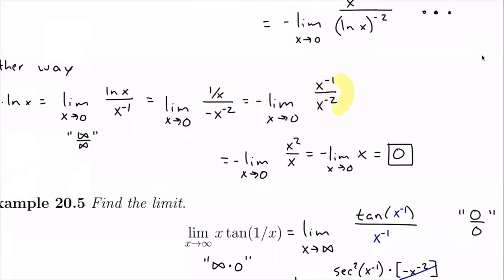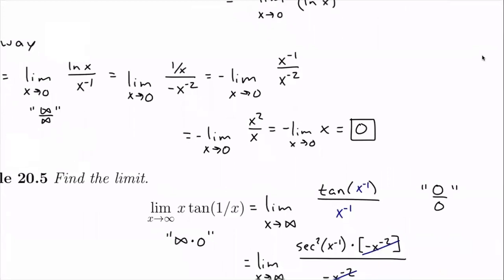I flip these two. This becomes x to the 1 in the denominator. This becomes an x squared in the numerator. So this is just x squared over x. And again, the minus sign's along for the ride. X squared over x is just x. This is negative limit as x approaches 0 of x. Well, x approaches 0, so this limit approaches 0. And there we are. That way worked.